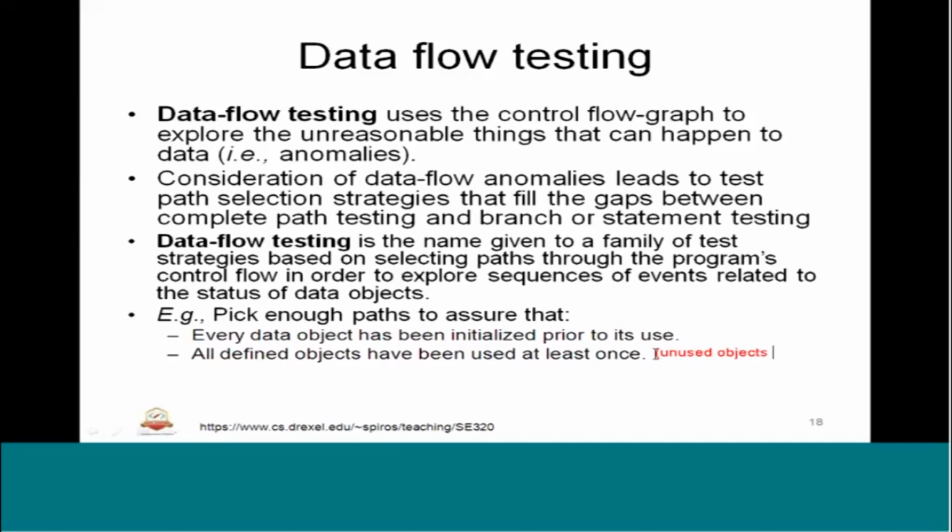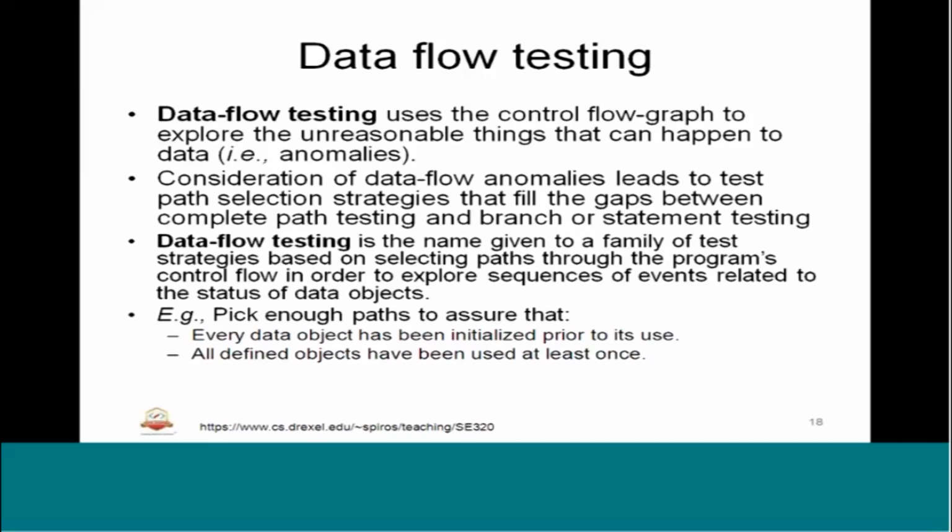We cannot have it because it will unnecessarily occupy memory without need, and sometimes other functions could use the same name as the unused one in the other program, which will result in some sort of anomalies in the program. So it is better to avoid this type of thing, and this is done with the help of data flow testing.